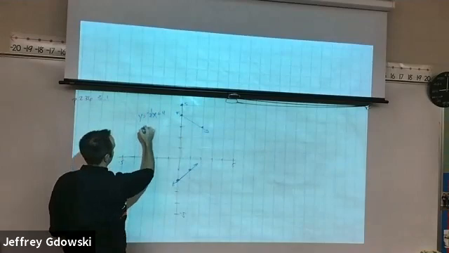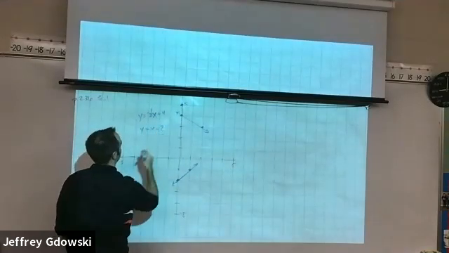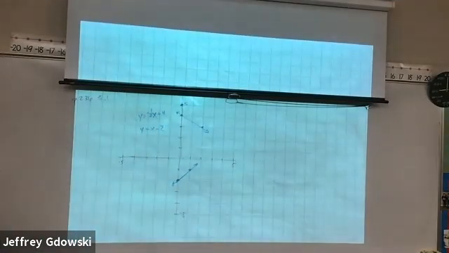And then this would be y is equal to x minus 2. So I've got these two equations. I graphed them both, but they don't cross. Well, how I have them drawn, they don't cross, right?